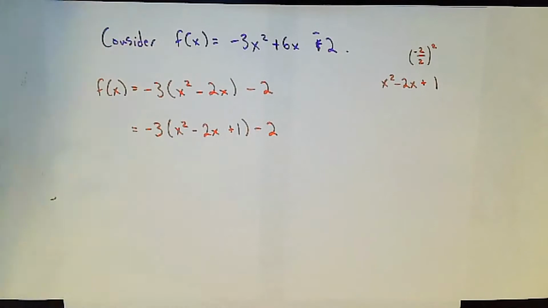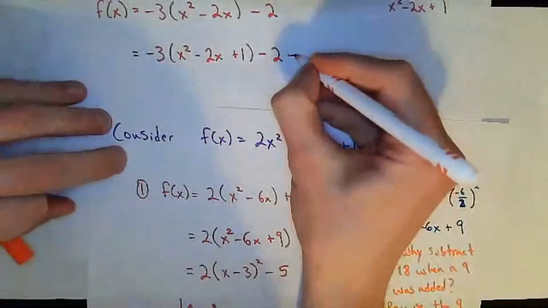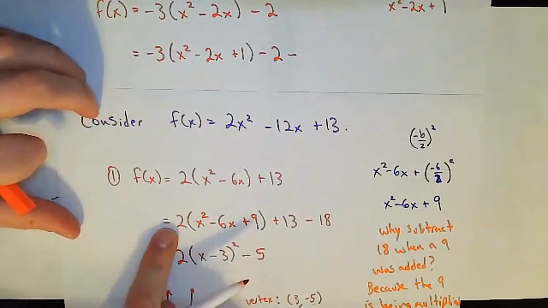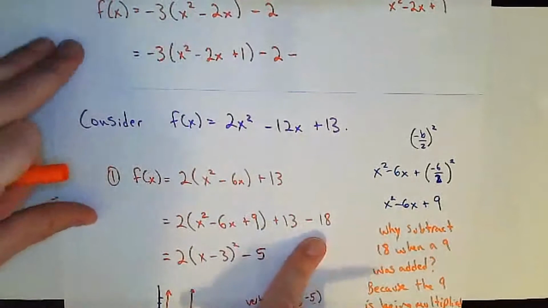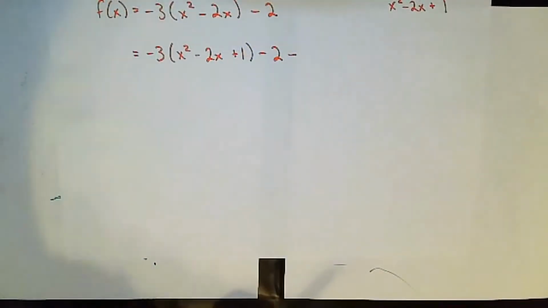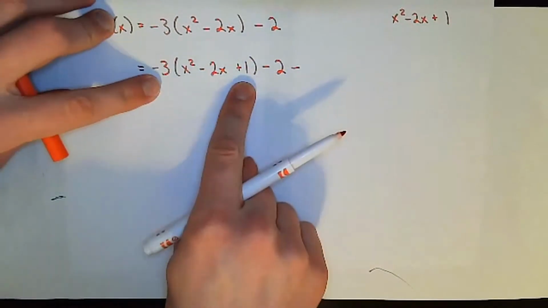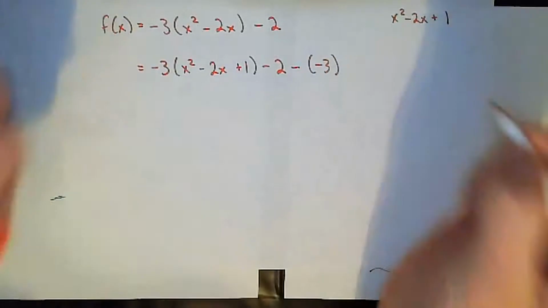So last time I said I'm subtracting, so I can go ahead and write subtract, right? And last time I did 2 times the thing I added, so 2 times 9 giving me that minus 18 out here. But now look, there's going to be a double negative, right? Because I've got negative 3 times 1, which is a negative 3, so I'm subtracting a negative 3.